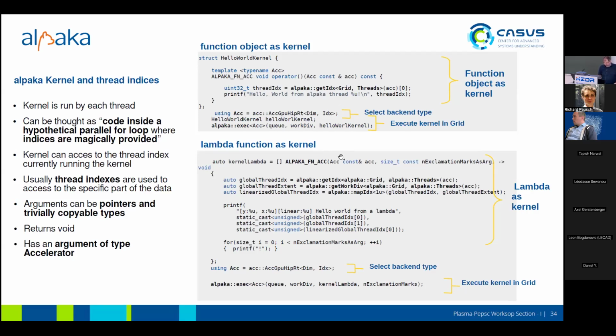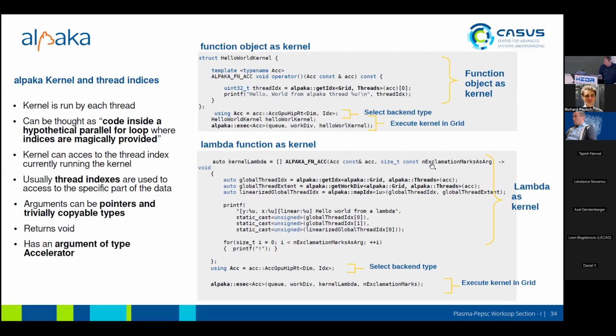In the second code piece, a lambda function is used as a kernel, and we can get the indexes of the thread or extents of the grid, then print them. This is what this kernel is doing. Arguments to the kernel should be built-in types or pointers.